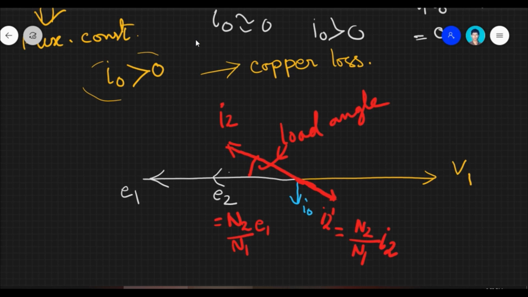Now, till this it's okay. But unlike the previous case when you had I naught almost 0, your I1 in the previous case was just the same in magnitude and phase.